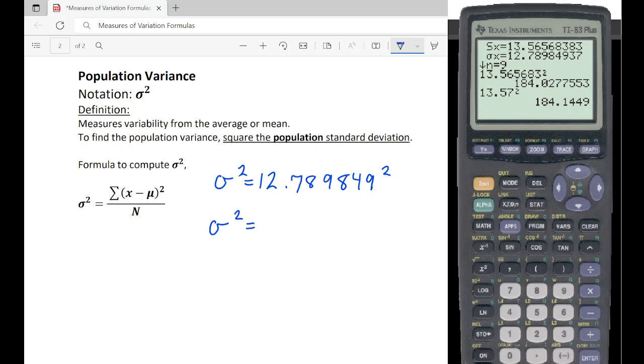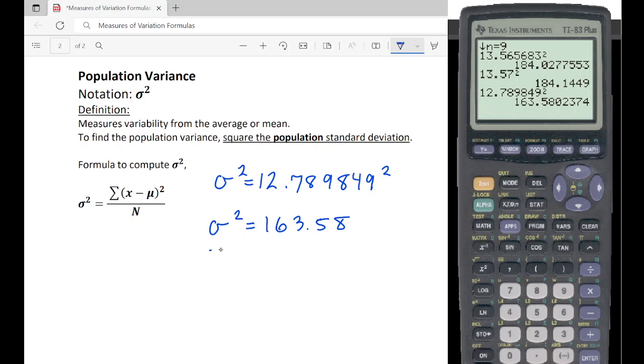So for the variance, we're going to get 12.789849 squared, and we're going to get 163.58, rounded to 2 decimals. So 163.58.